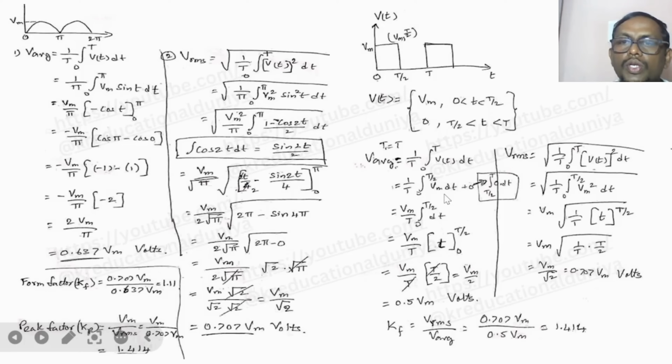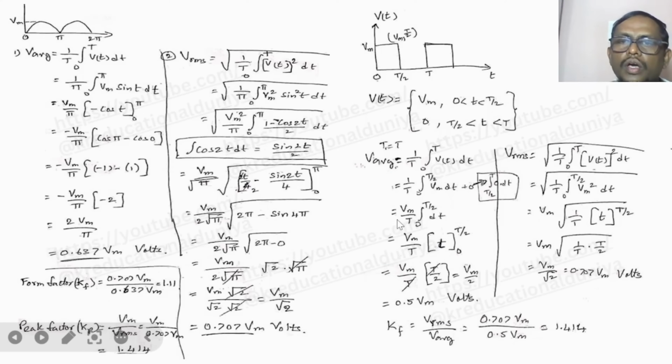Here we are not going to use the sine formula, because this is not a sine wave, at least not a half sine wave, right? So we should not use that. So 1 by T integral 0 to T by 2 Vm dt plus integral T by 2 to T, the value is 0, so 0 into dt. Anyway, this term will become 0.